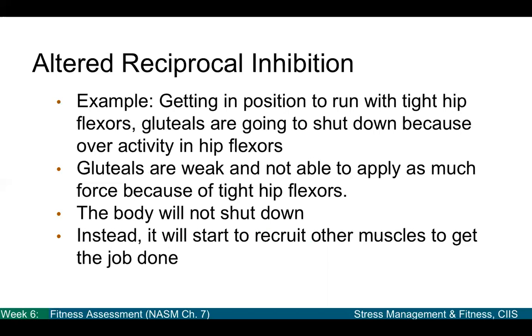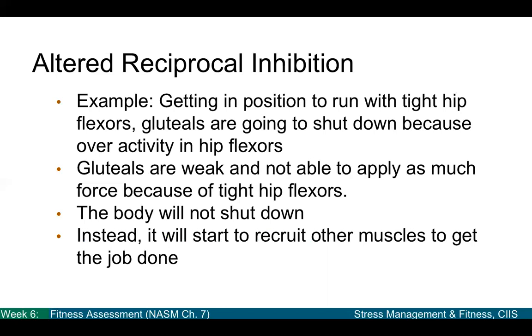Then the body, like we talked about, won't shut down. Instead, it will start to recruit other muscles to get the job done. So if you don't have proper engaging of the proper muscles that are supposed to move around a joint, that is going to throw off this kinetic chain that we talked about, right?